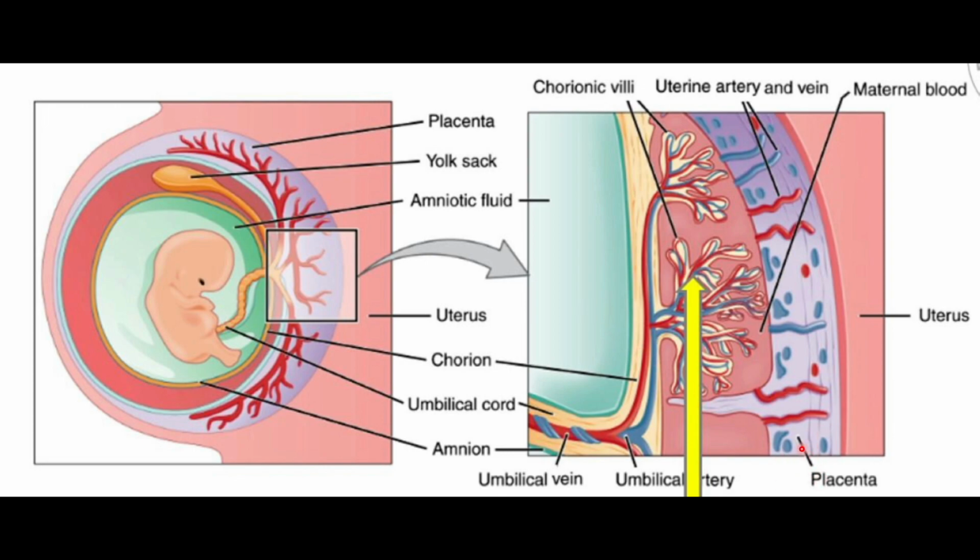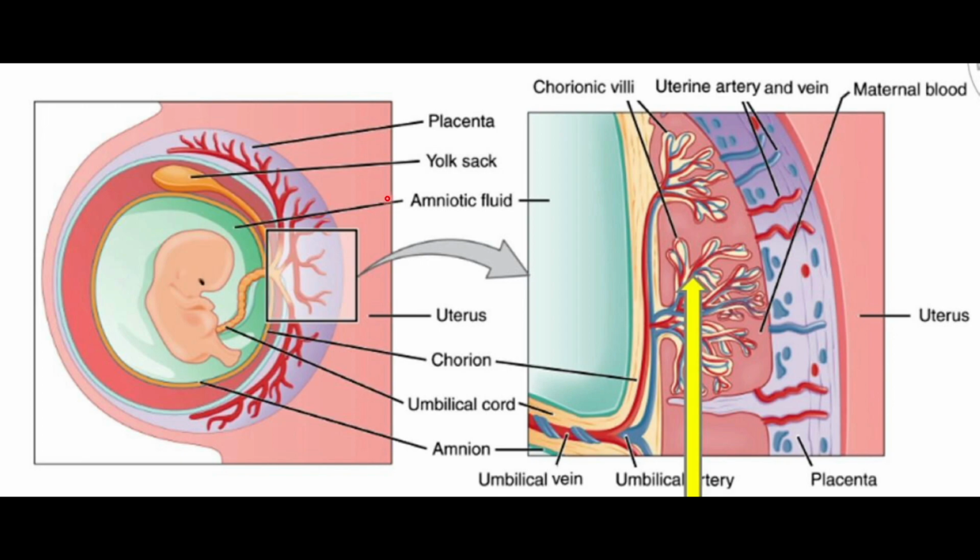So this placenta is connected to the embryo. This is the developing embryo. This is the placenta. This is the embryo, that is the developing fetus. They are connected by this umbilical cord. So placenta is connected to the embryo by this umbilical cord.